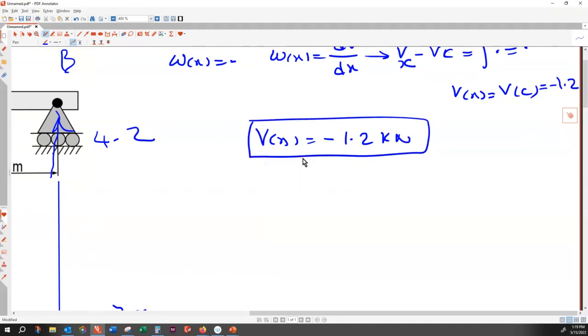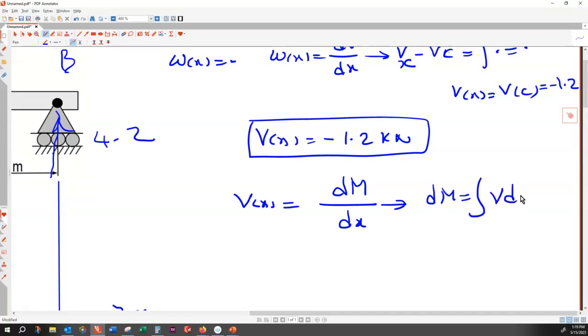Now, the next equation is V of x equal to the derivative of M with respect to x. If I manipulate that expression, dM is equal to the integral of V dx.